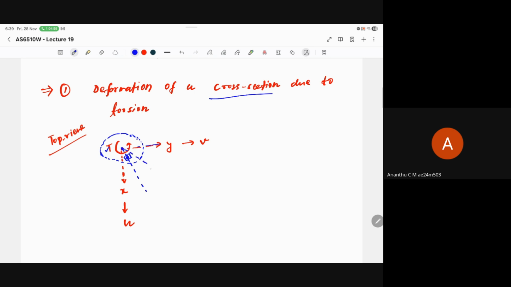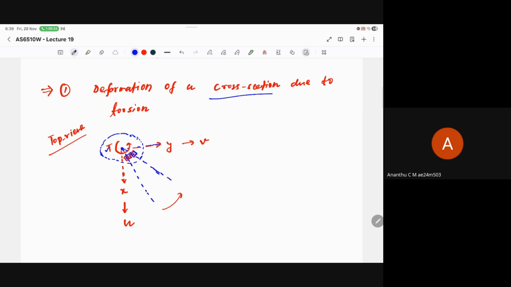So this element is going to rotate like this. There is a rotation. How do we define a point? We always take a very small element around the point of interest, and then we try to see how the element is behaving. So we have this element here, and this is coming to this position.